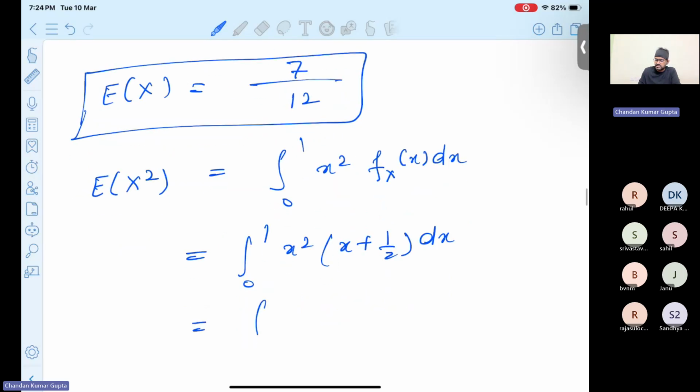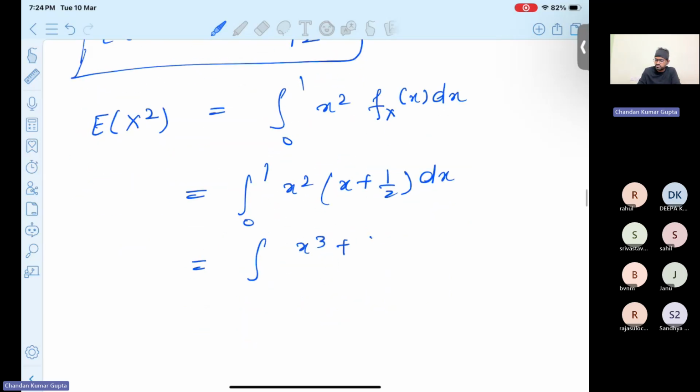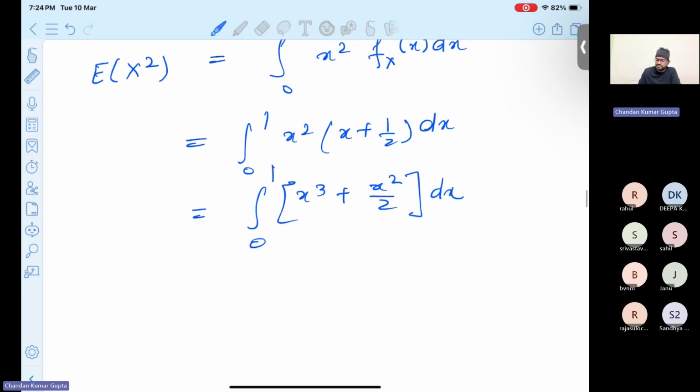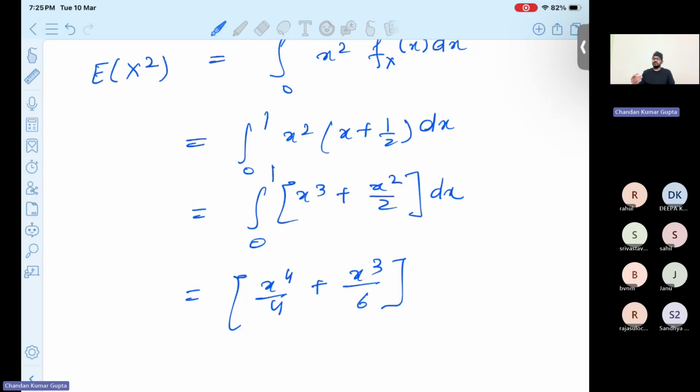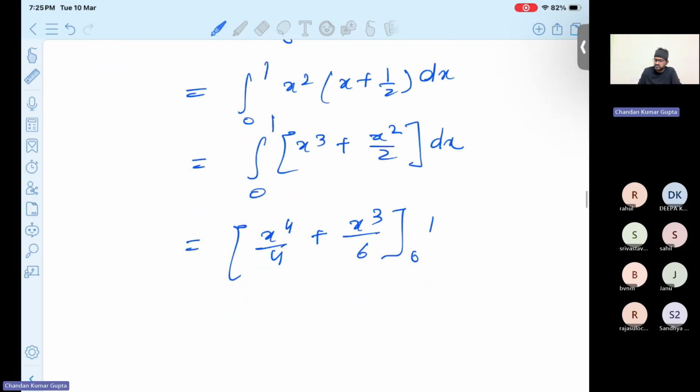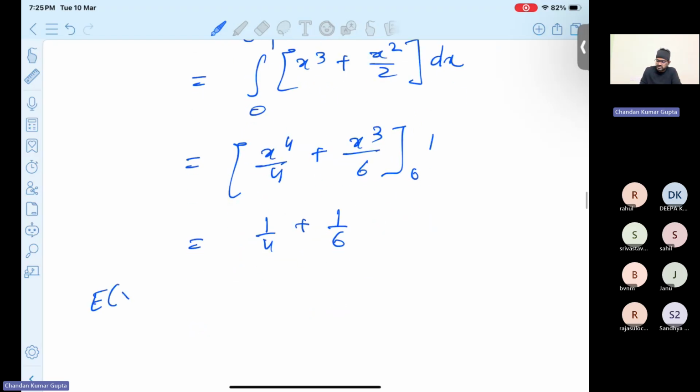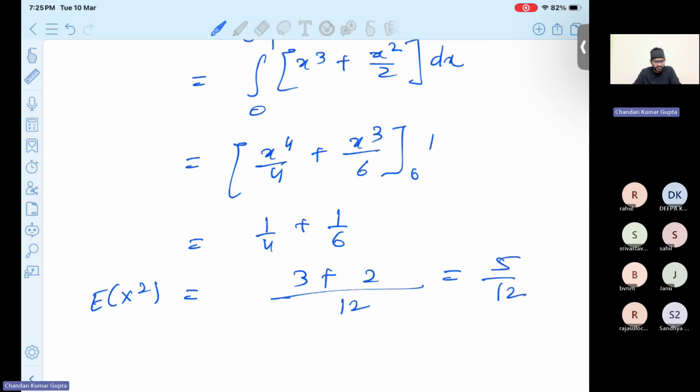Again a simple calculation: x cube plus x square by 2 dx from 0 to 1 comes out to be x to the power 4 by 4 plus x to the power 3 by 6. So it's 1 by 4 plus 1 by 6. So expectation of x square comes out to be 3 plus 2, that is 5 by 12.